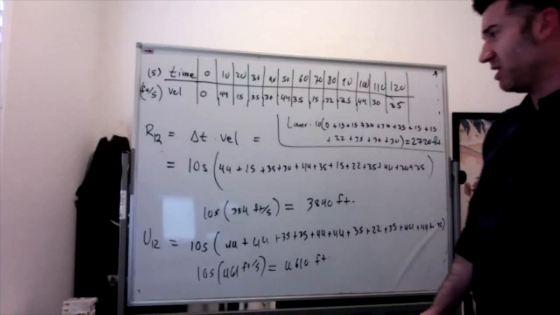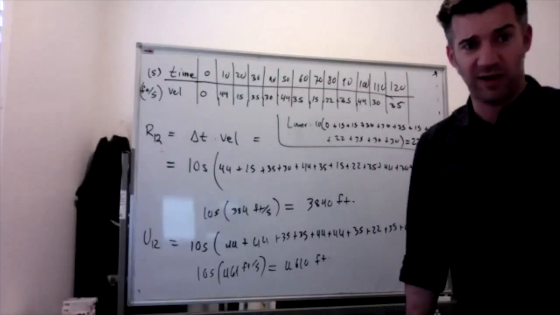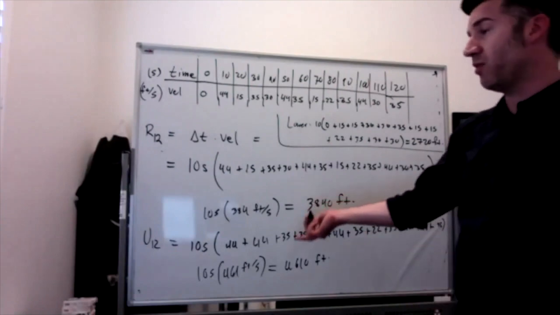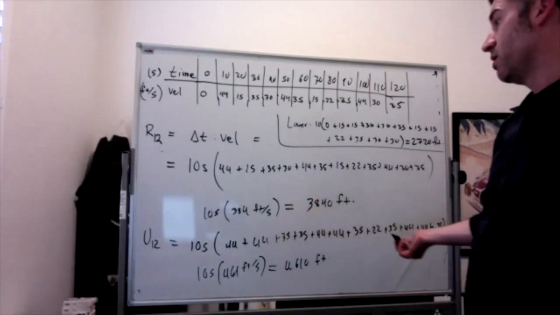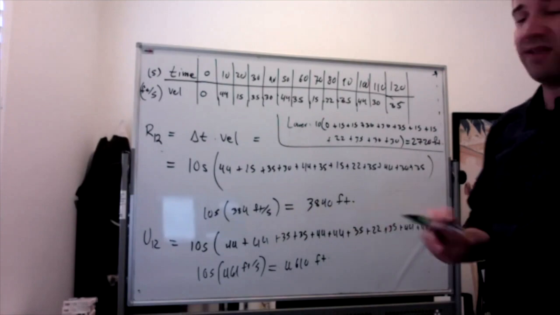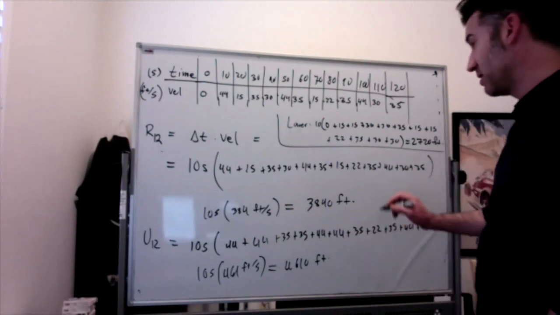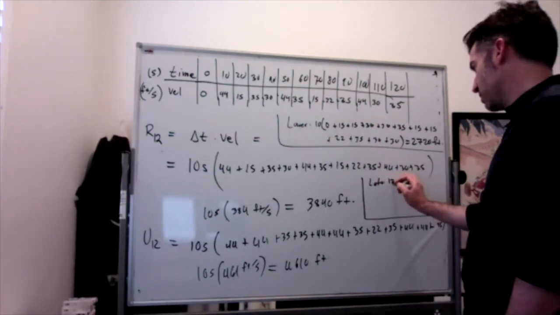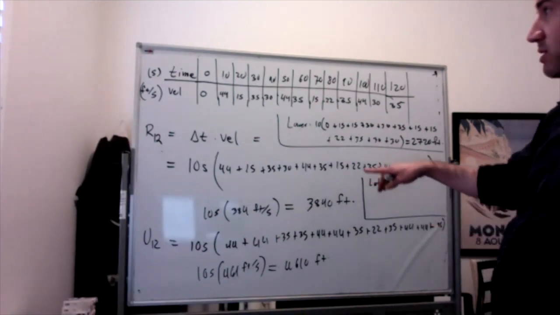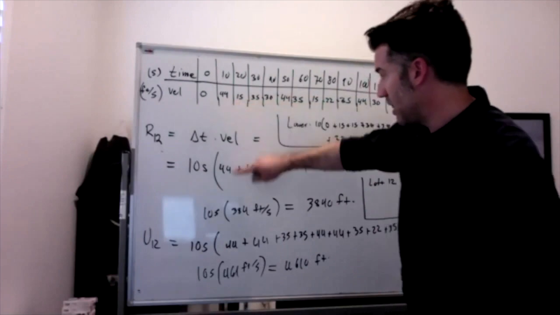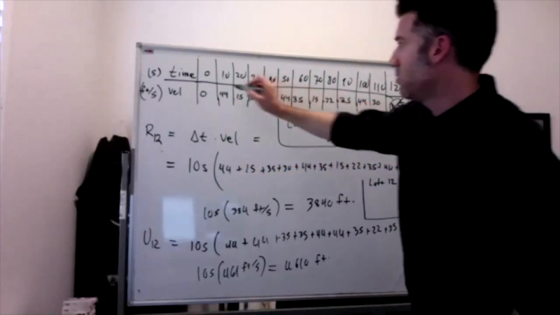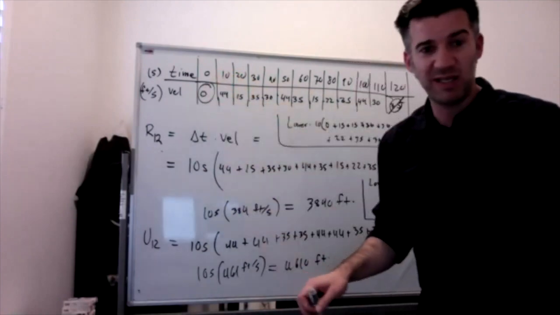So depending on the method you use, you're getting a lot of different answers. Left endpoints would probably be a lot closer to the right endpoints. In fact, we can do the left endpoints really easily. The left endpoints are the same numbers as the right endpoints, except instead of using this value, we use this value, which makes it 35 less.